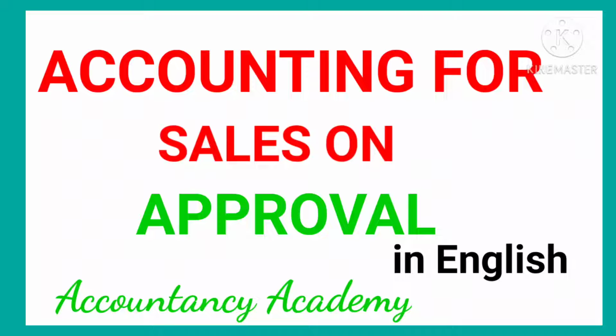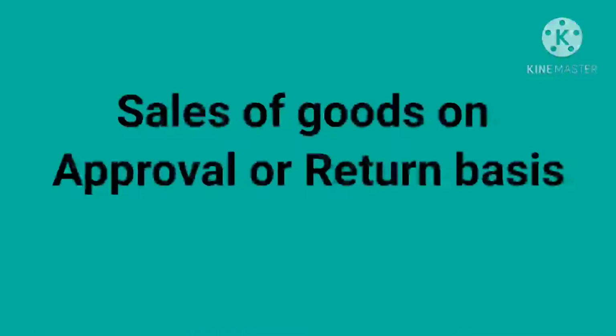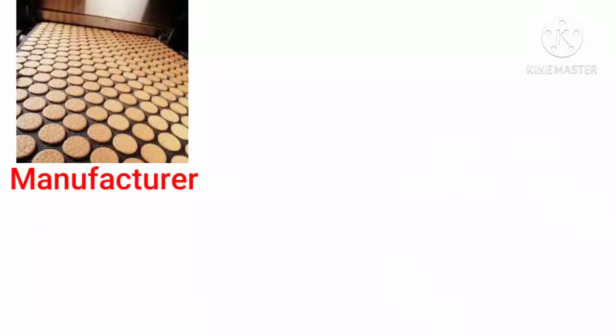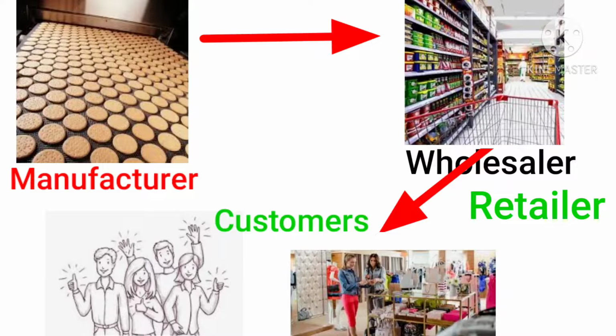Today I discuss a new chapter, that is accounting for sales on approval, which is easy to learn. Sales of goods on approval or return basis is a technique of business.